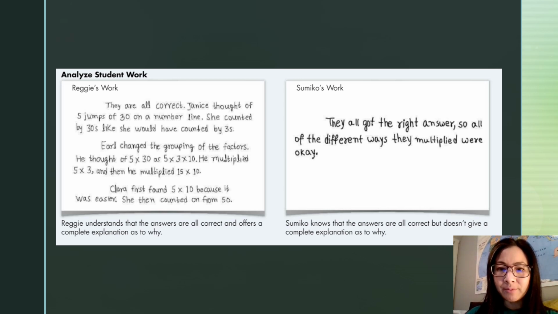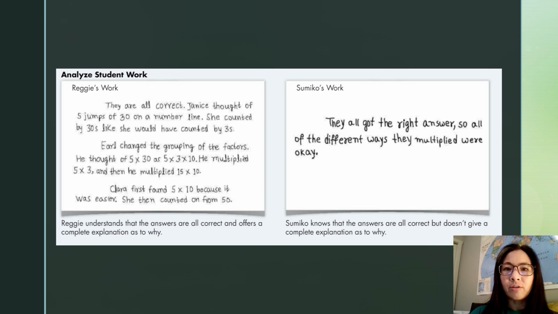Then there's another student named Sumiko who wrote, they all got the right answer. So all of the different ways they multiplied were okay. So this answer would get partial credit. Sumiko knows that the answers are all correct, but doesn't give a complete explanation as to why. So when you're comparing these 2 examples, you want to be thinking about how you can strive to be, in this case, more like the first student who is complete in the explanations.